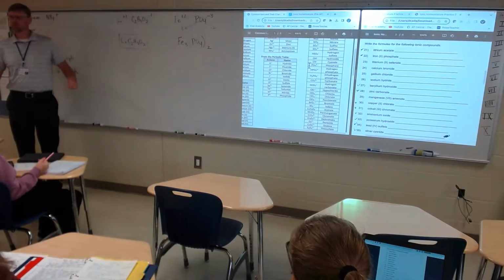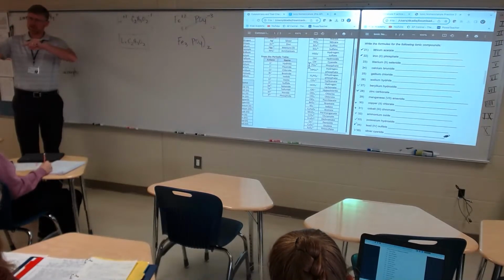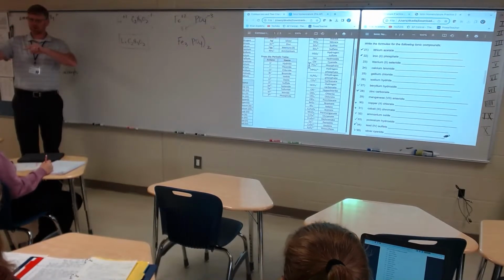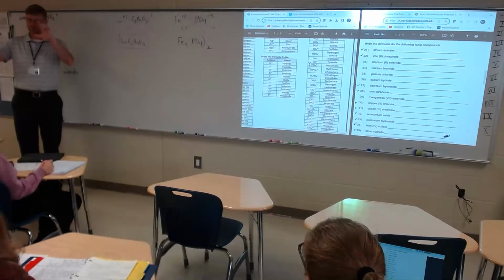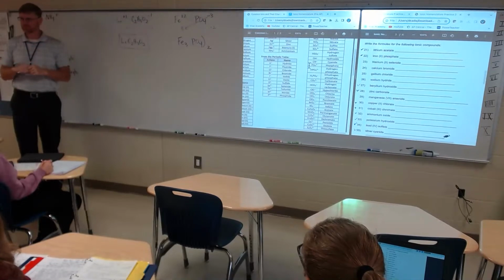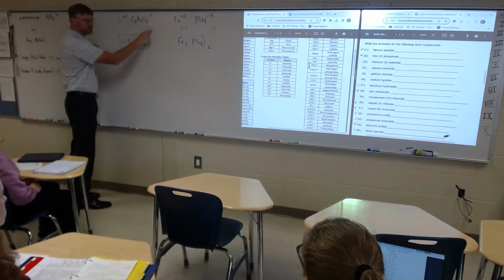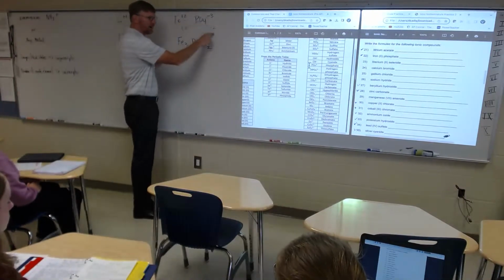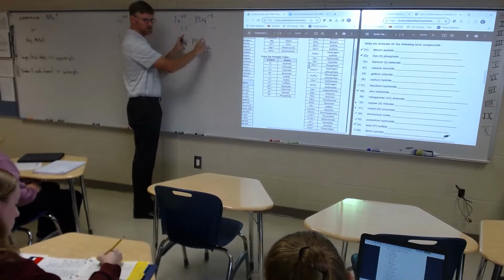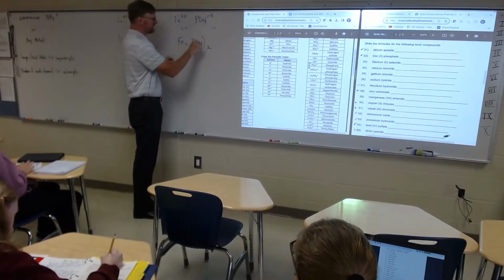So when you crisscross a number down to a polyatomic ion, if that number is not a 1, you have to put parentheses around that polyatomic ion. If it's a 1, then you don't. Here we brought down a 1, no parentheses. Here we brought down a number that's not 1, we put in parentheses. This number doesn't change.